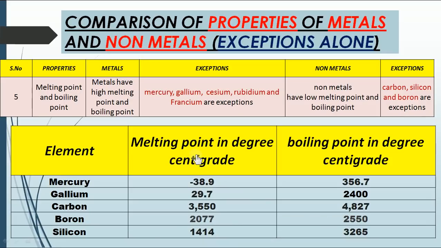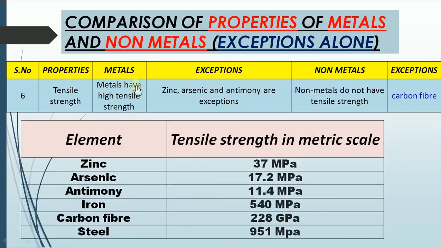Now the next property is tensile strength. What do you mean by tensile strength? The tensile strength is nothing but how much weight an object can hold, up to a certain weight.